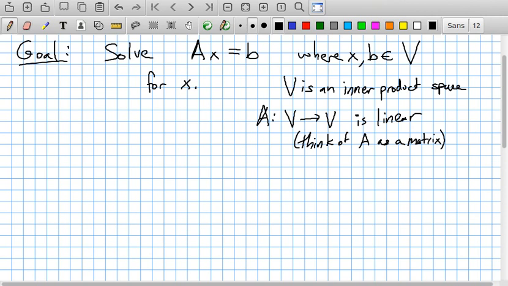Of course, there are many ways to do this. You can think of probably several of them, one of which goes under the name of Gaussian elimination.